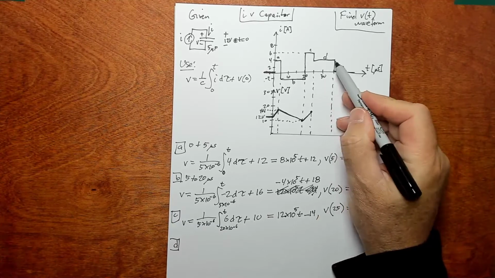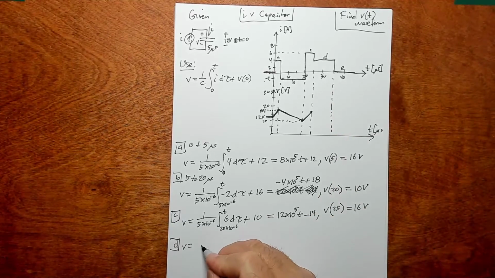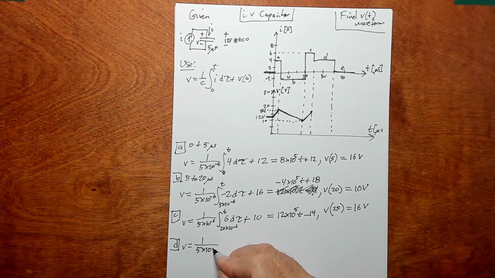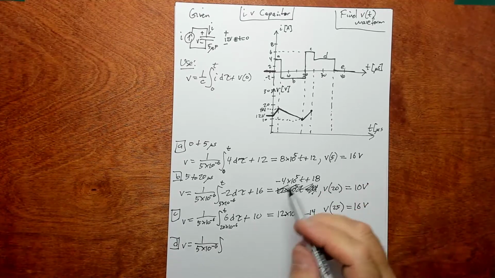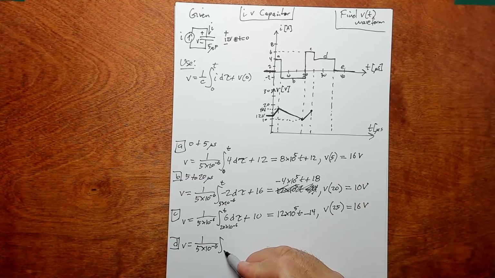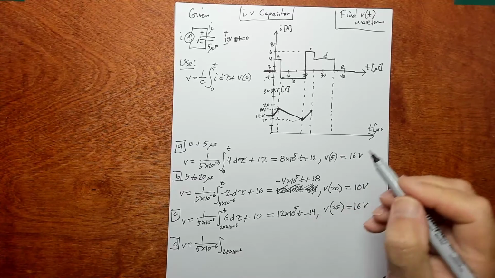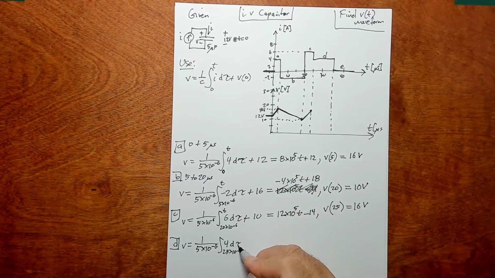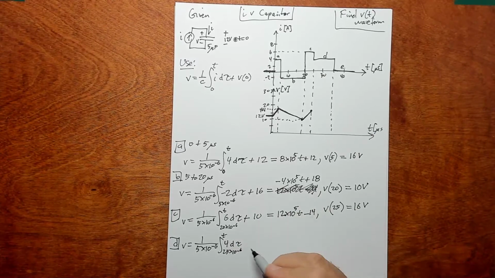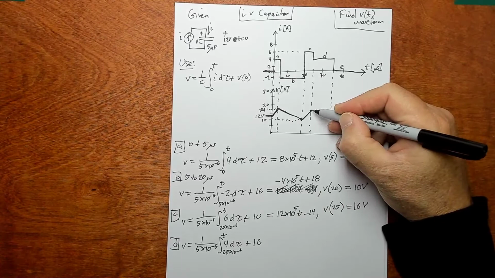So the D interval, just keep on solving this same guy over and over again. 1 over 5 times 10 to the minus 6 farads, integral from, now we're integrating starting at 25 times 10 to the minus 6. We're doing the D line segment, which is 4 amps d tau to t, plus the initial voltage 16. This is 16 right here.